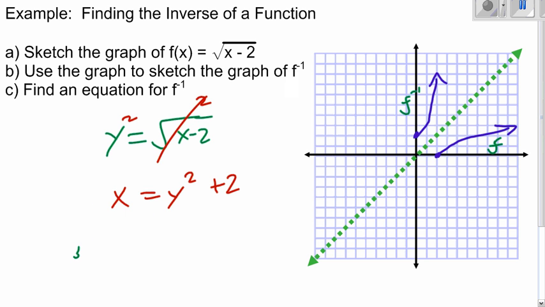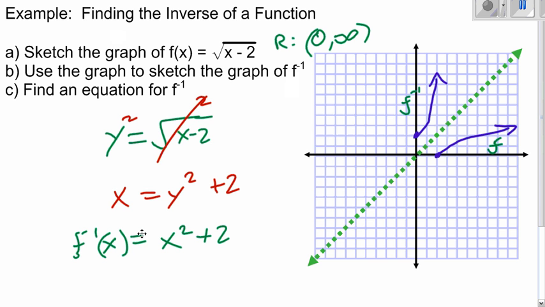So let's finish it off. f inverse of x equals x squared plus 2. It's not the complete parabola. It's only for x's greater than 0, because the range of the original function, which becomes the new domain, was only x's greater than 0. Since the original range is 0 to infinity, that becomes the new domain down here.